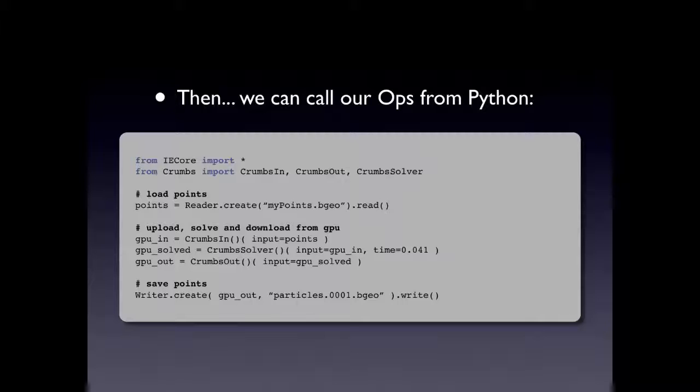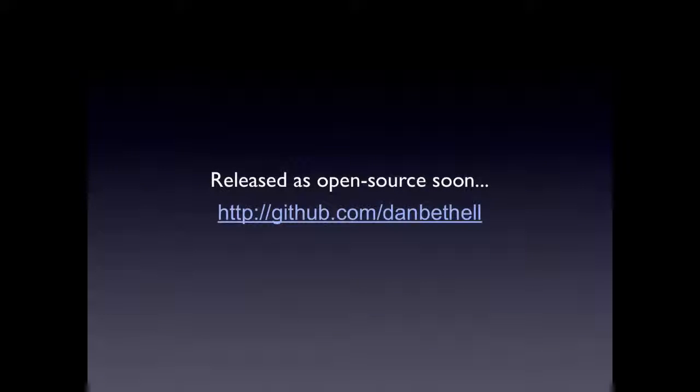This way you can do operations just through Python, and can save money on licenses you would normally need to run it in any other host application. And this example will be released as open source soon as well.